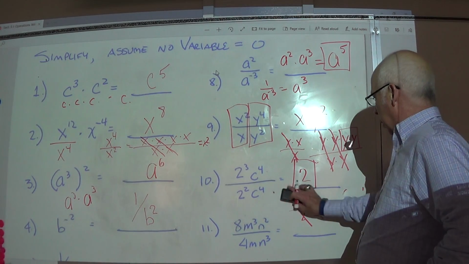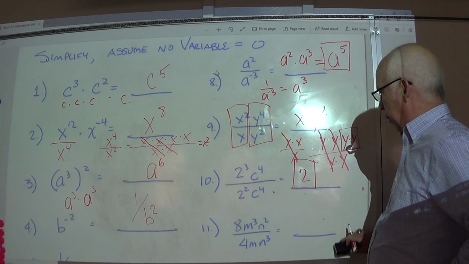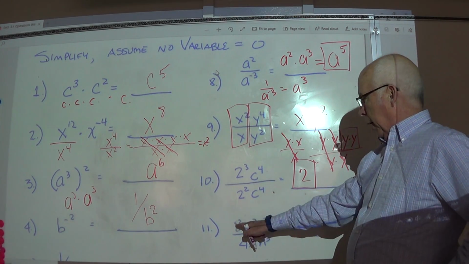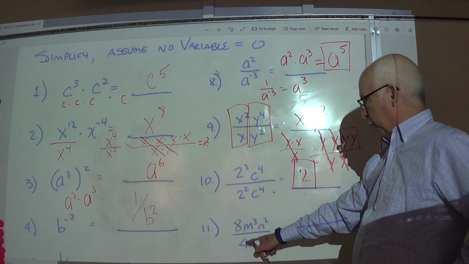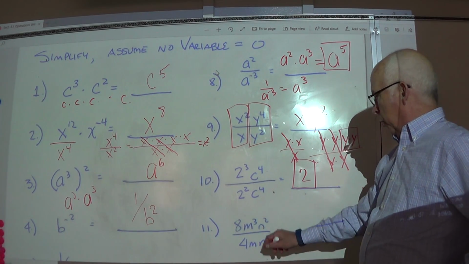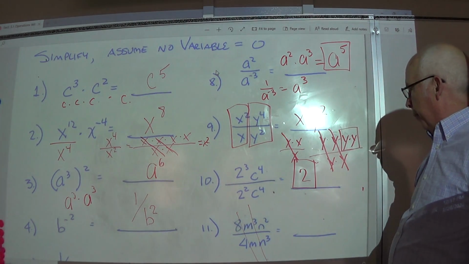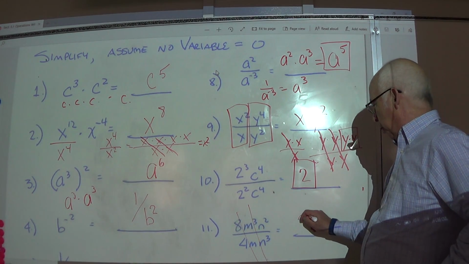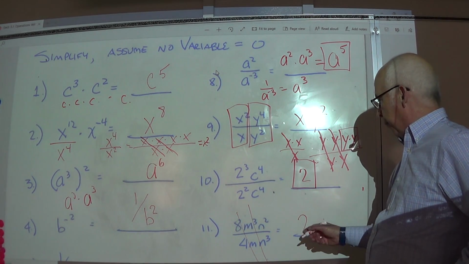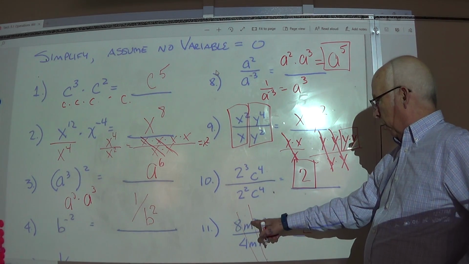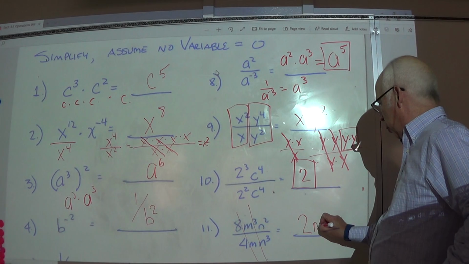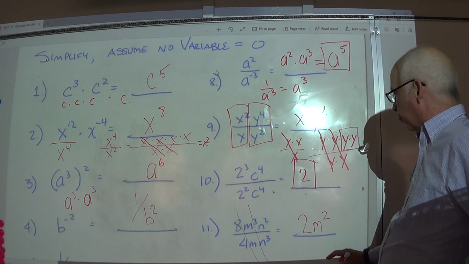All right, next problem, number 11. So now we've got 8 m to the 3rd, n to the 2nd over 4 m to the 1st, n to the cube. So we're going to break it up into 3 parts. 8 over 4 is 2. That's simple enough. You've got m cubed over m, so 3 minus 1 is 2. So now we've got 2m squared.